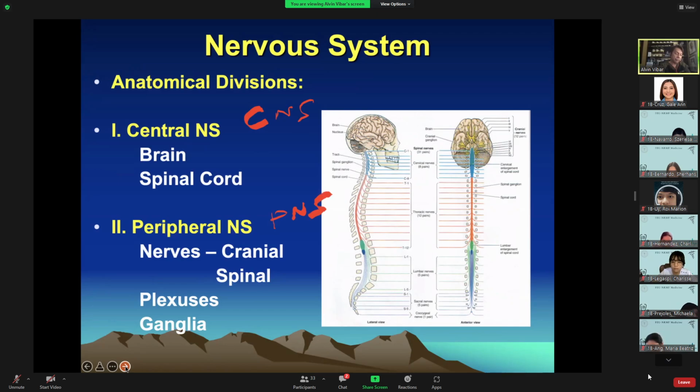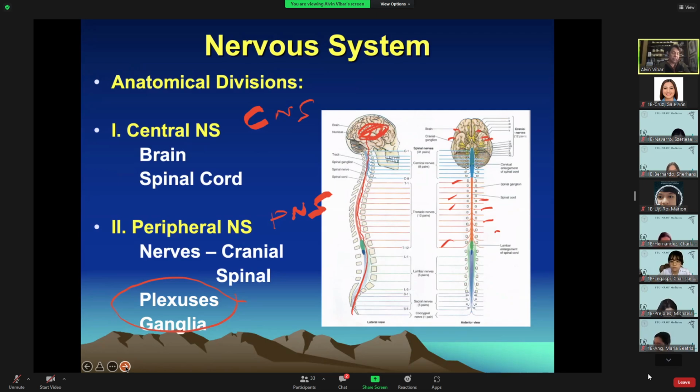You have the brain and the spinal cord under your central nervous system, and you have the different cranial nerves and spinal nerves. Cranial nerves emerge at the base of the brain, and spinal nerves emerge on the sides of the spinal cord, including the plexuses and ganglia as part of your peripheral nervous system.